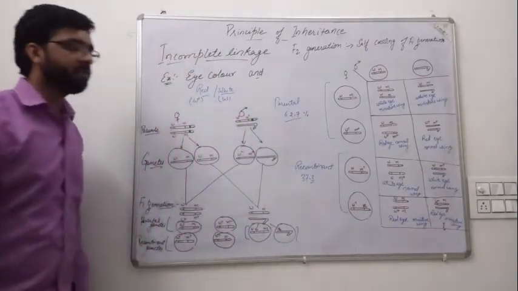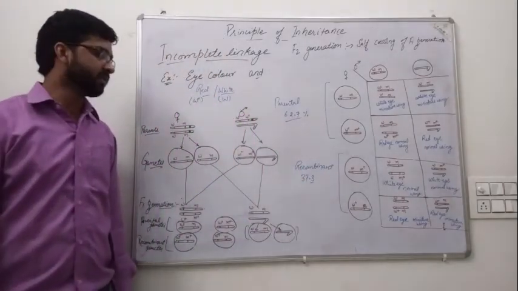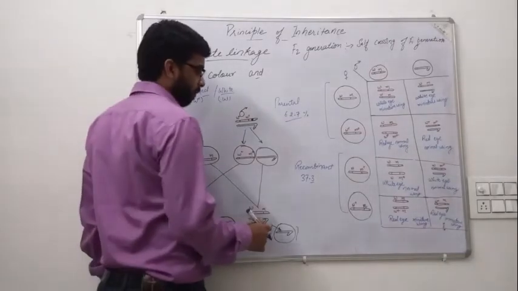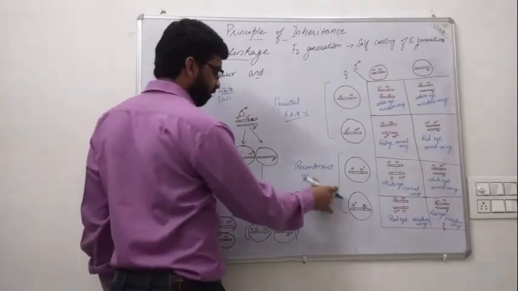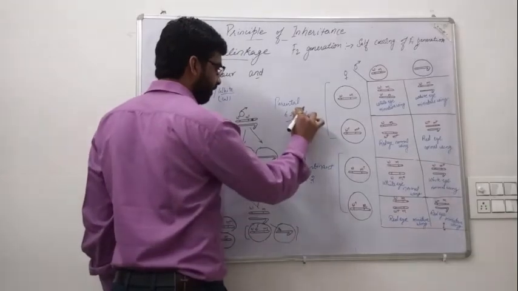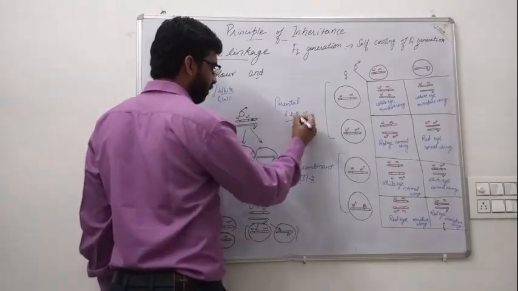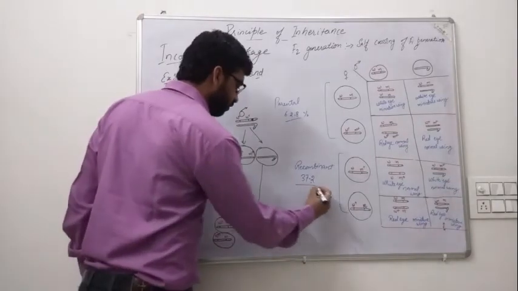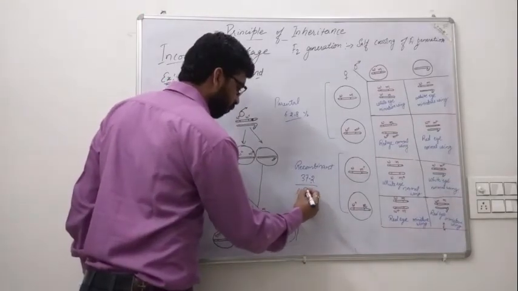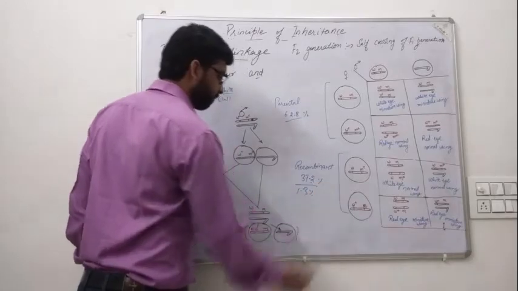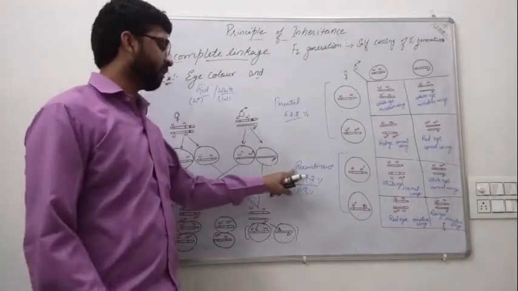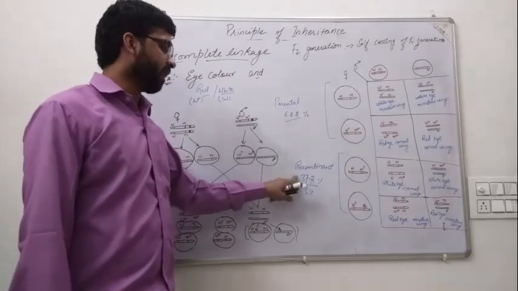Here recombinant genes are more, that's 37.2%, and in complete dominance the ratio is 1.3%. In incomplete dominance the recombinant characters are more.